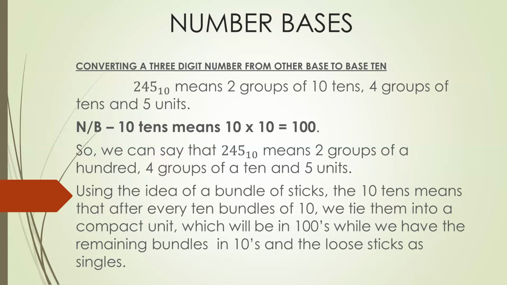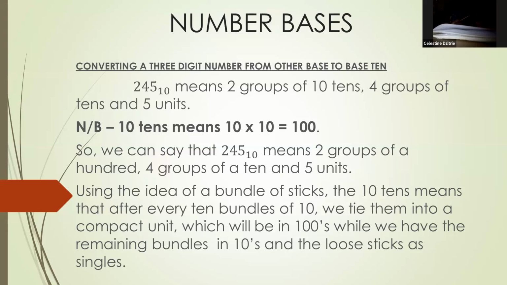If I have 5 bundles of 10, 6 bundles of 10, 7, 8, 9 bundles of 10, don't forget that in base 10, you don't want to go beyond 9.